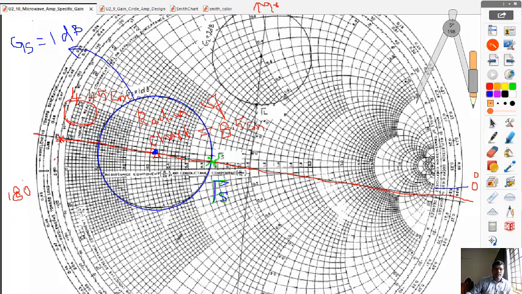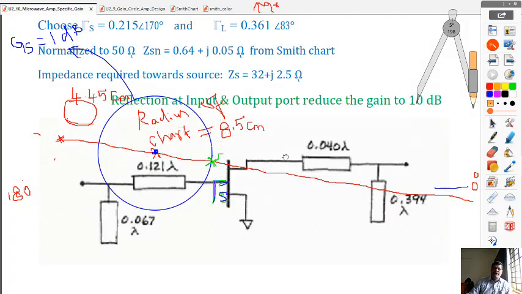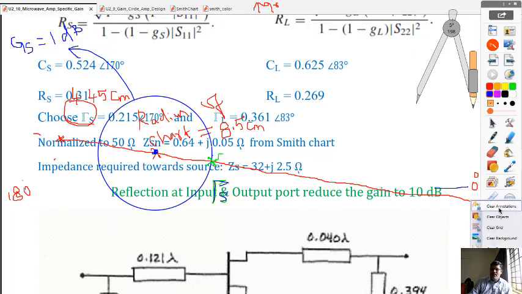Okay. Once you choose the gamma S, the next thing is we have to do the transformation. Before that, we draw the circle for the load side also. To draw the circle at the load side, the same procedure we can follow.